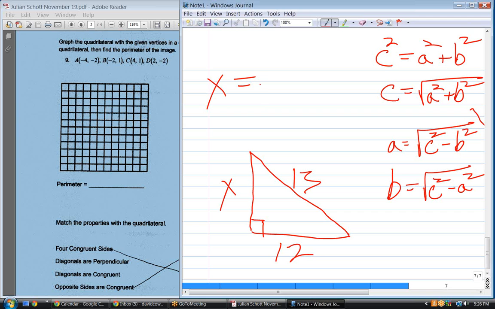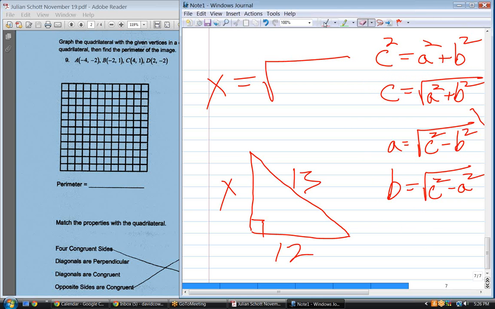So x is the square root of what? And remember, your answer always must start out with the square root of. No matter what I'm solving for, all three of them are square root of something. So if you start your answer with anything other than square root of, you're making a mistake.